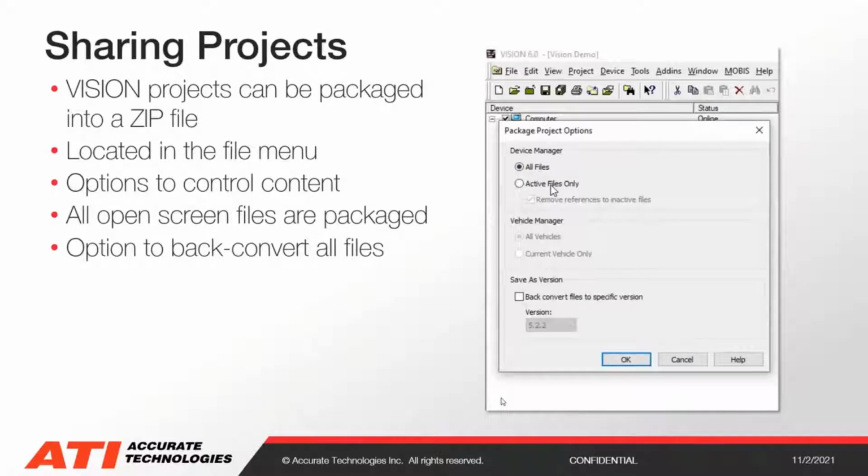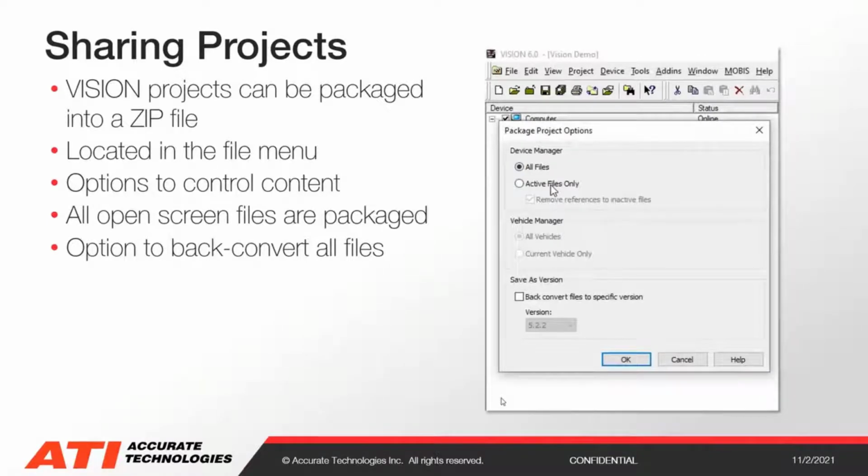So if you have 15 strategies and you only want to package the one, you would choose active files only. But if you want to package them all, you would choose all files. Same thing goes for your vehicle manager. If you have multiple vehicle managers configured and you only want to export what's in the current one, then you select current vehicle only.